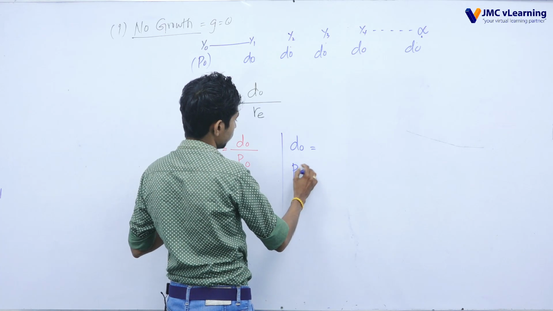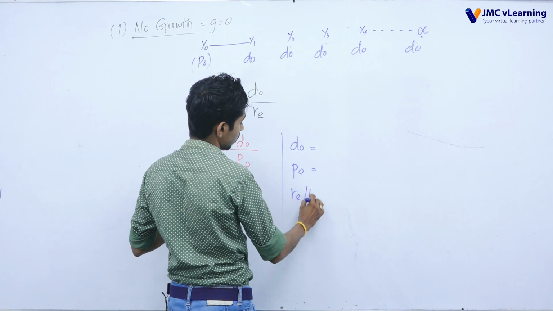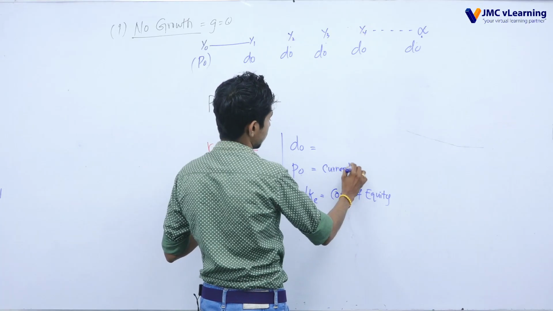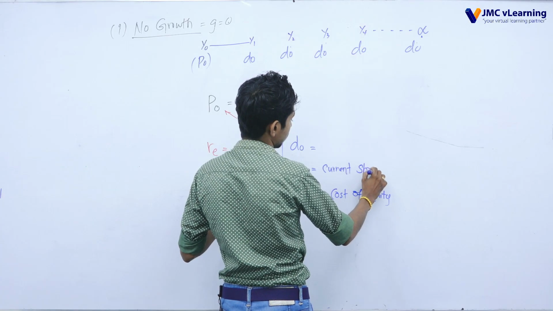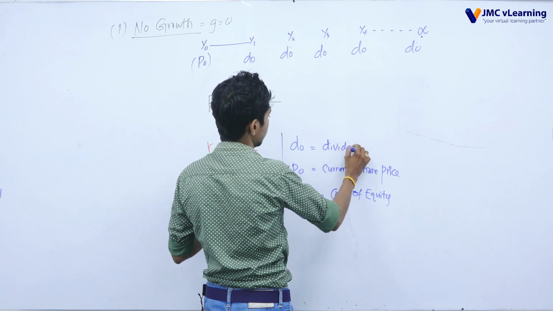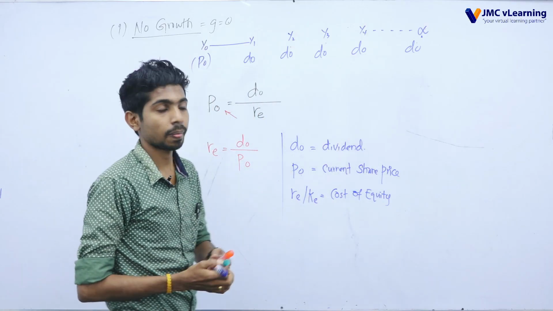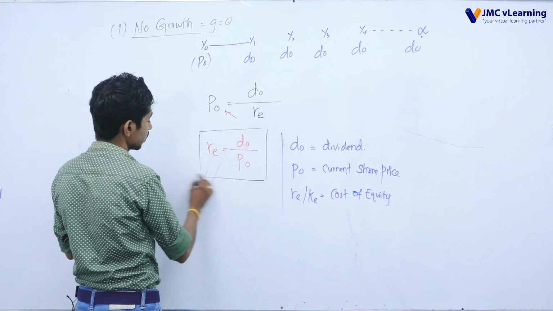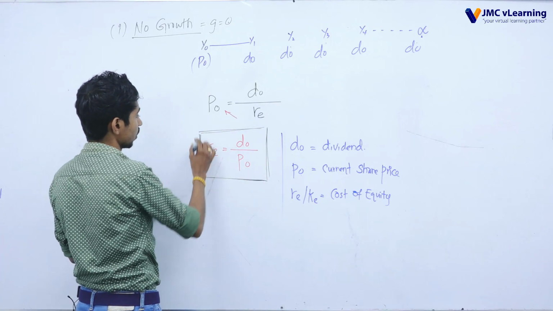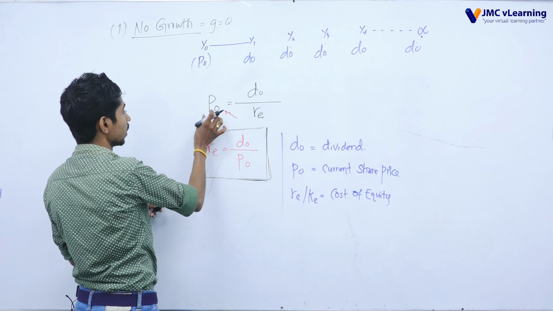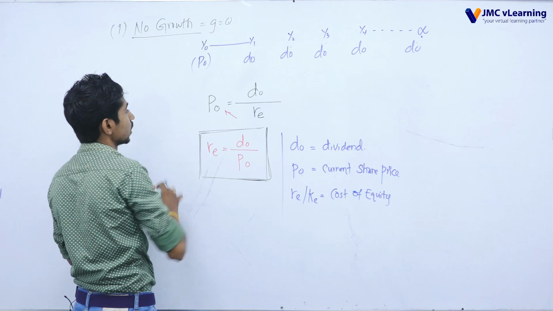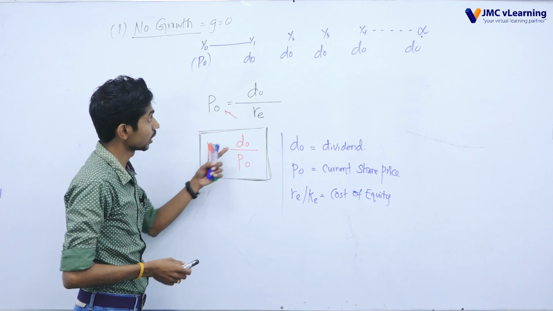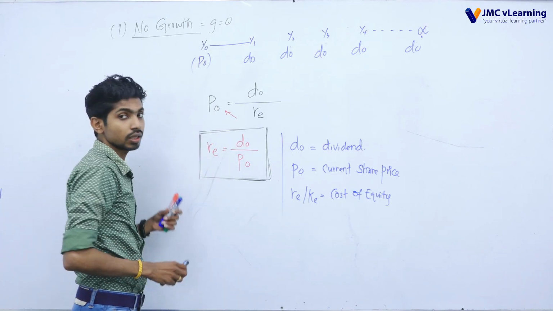D0, P0, RE, KE: cost of equity, current share price, dividend. Those are the words we have to identify. Then you have to memorize this equation, this formula. The basic formula is that today's price should be equal to the dividend divided by our required rate. Then RE, the cost of equity, if there is no growth, equals D divided by P0.